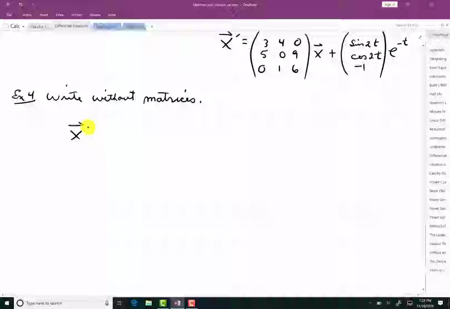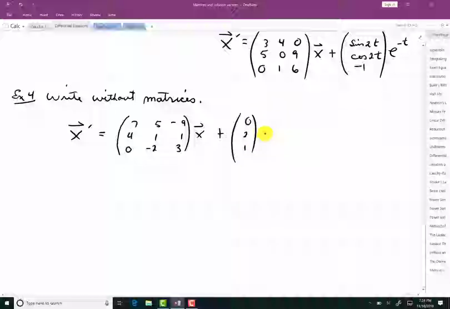X arrow prime equals, let's see, we have 7, 5, negative 9, 4, 1, 1, 0, negative 2, 3 times x arrow, plus 0, 2, 1 times e to the 5t, minus 8, 0, 3 times e to the negative 2t.